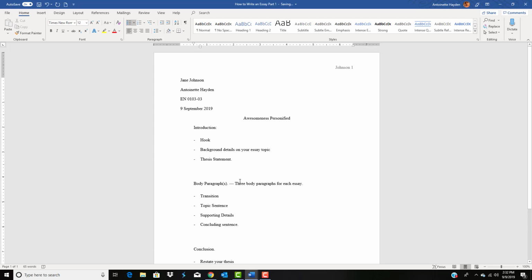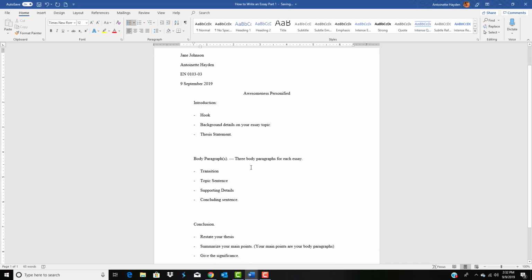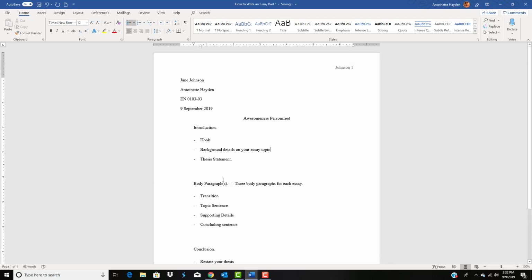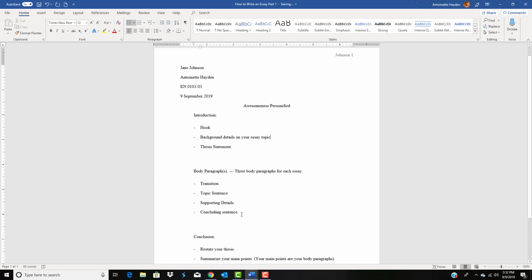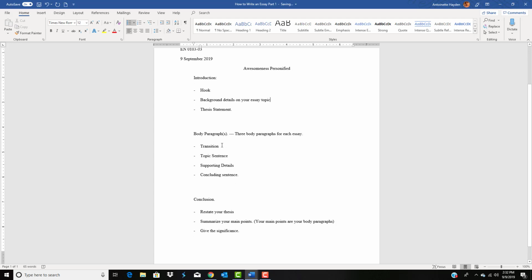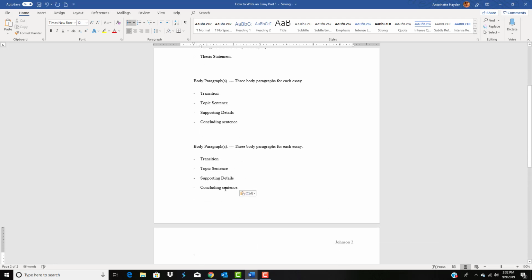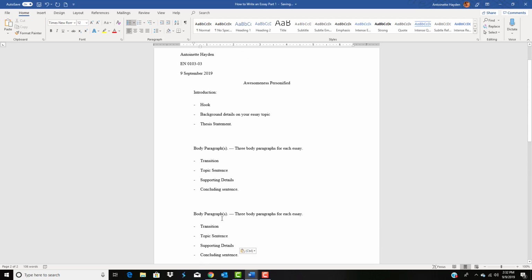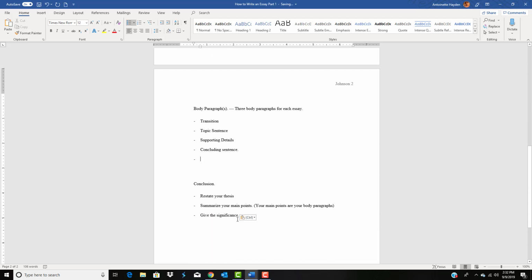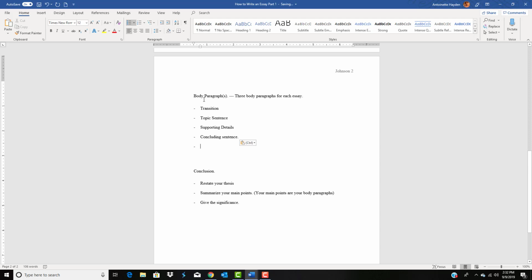Alright, so this is an outline or a scarce outline of what this would look like. As a matter of fact, if you take this and expand it and put 3 of these, that would be what your outline would somewhat look like.